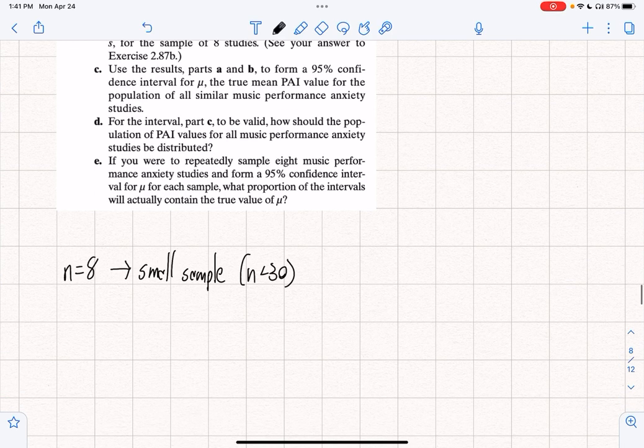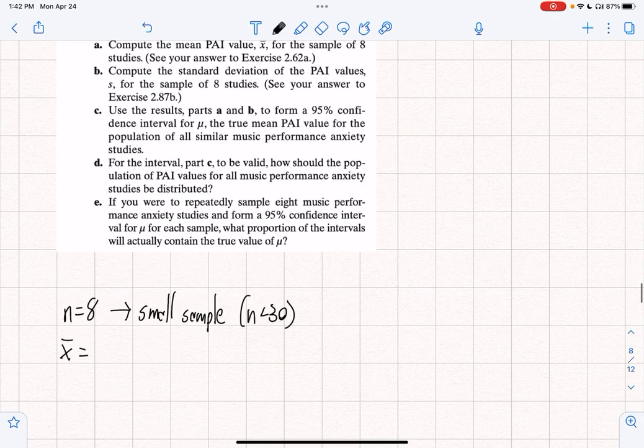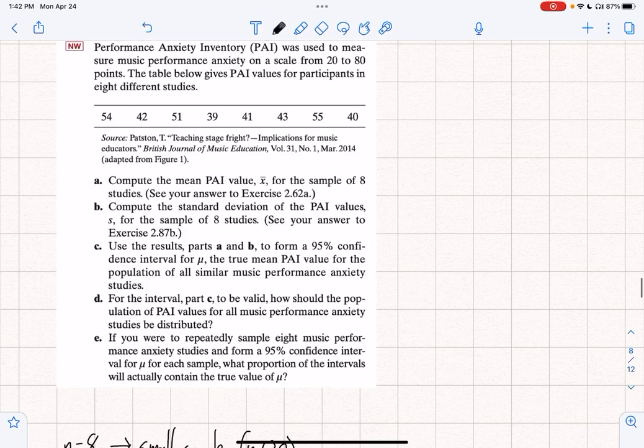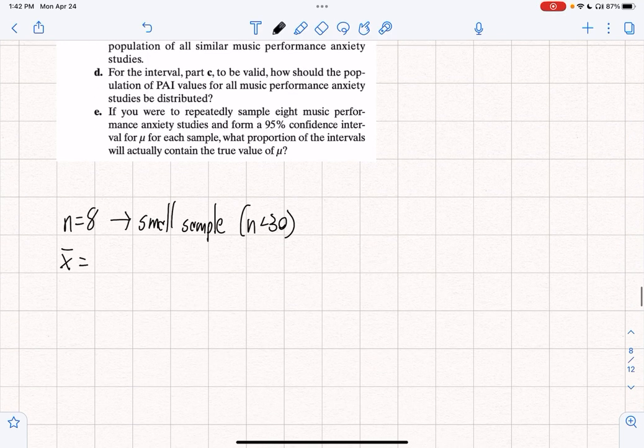Okay, so we need to calculate x bar. This is going back to chapter 3 material, and there's no need to do this by hand. We can just put this into our calculator, or we can do this in Excel. Same with the sample standard deviation, s. I'll leave it to the viewer to verify these numbers on their own, but if we calculate the mean from these 8 numbers, I get an average of 45.625, and I get a sample standard deviation of 6.59.